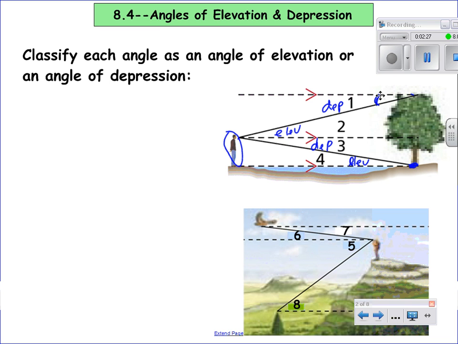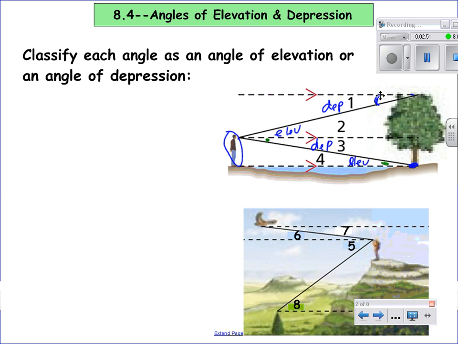Now, the nice thing about this is we get a lot of horizontal lines with transversals, so we know from our past experience in geometry, for example, this guy is congruent to this guy, and we use those because those are the lines. If those lines are parallel, let's say, then you've got alternate interior angles, and we'll use that a lot.